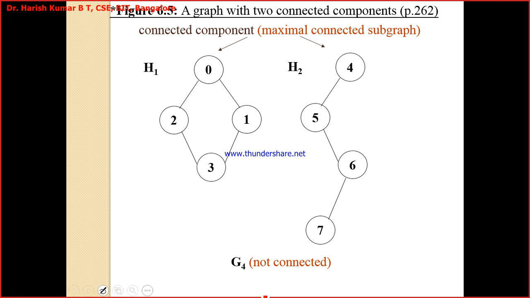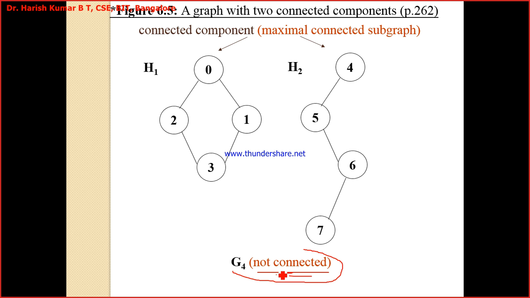See now the graph G4. This altogether is one graph, and it is not connected. Why is it not a connected graph?